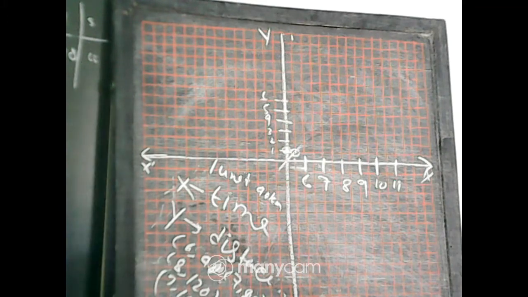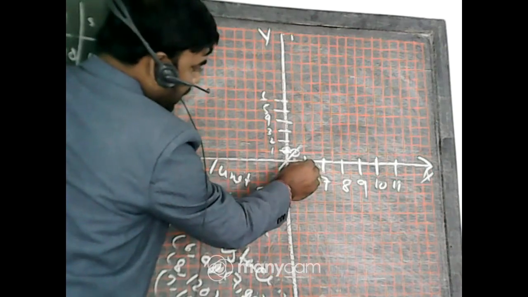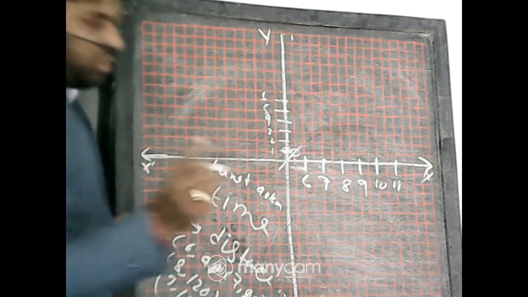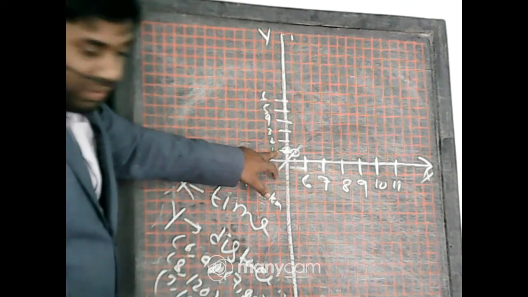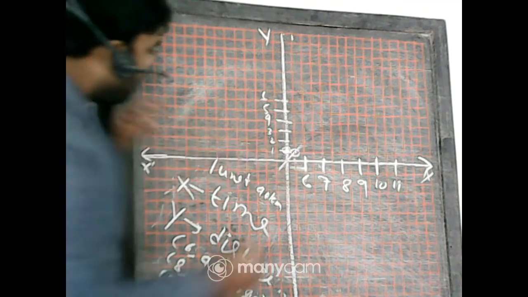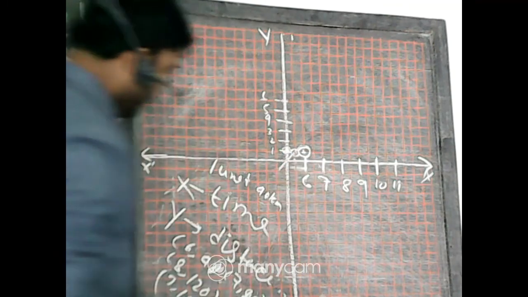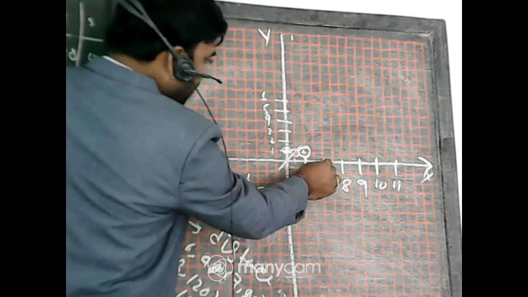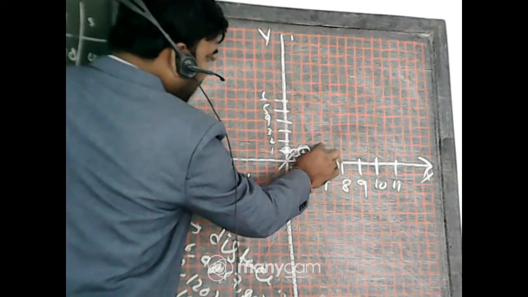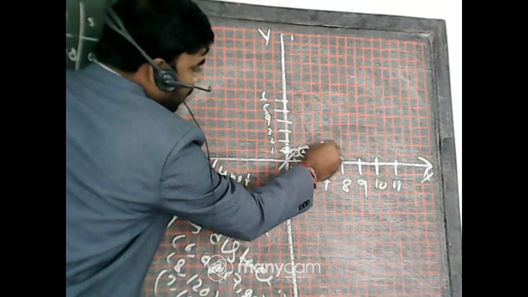So just put the point 640. It is 640 means first 1 unit equal to 40 kilometer. That one will denote 40 kilometer. So that point. Okay. Next 780. 7 is this point and 80 means that 40, and next 2 will denote 80 kilometer.